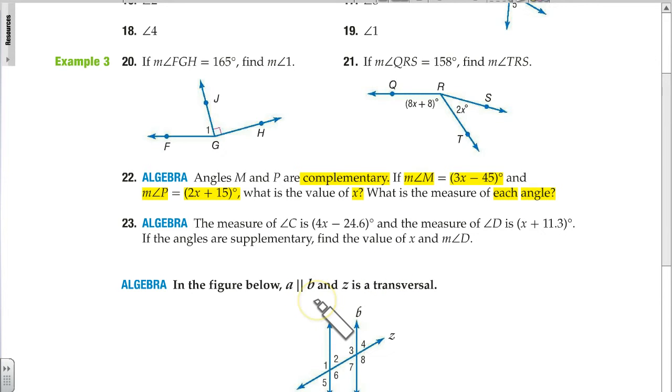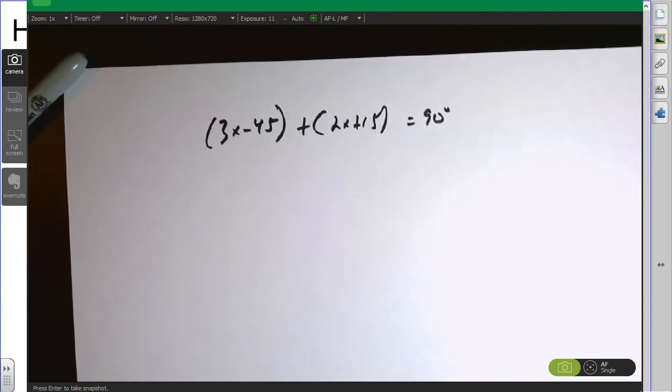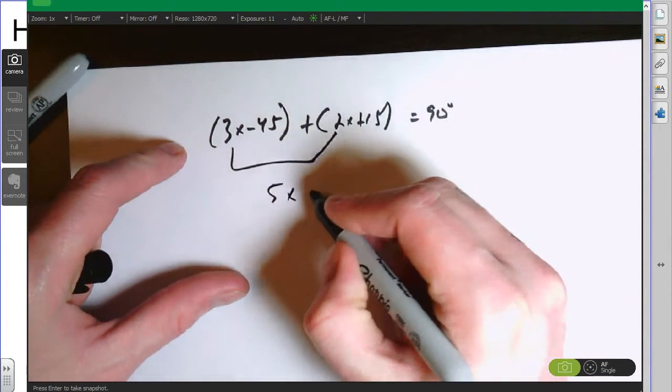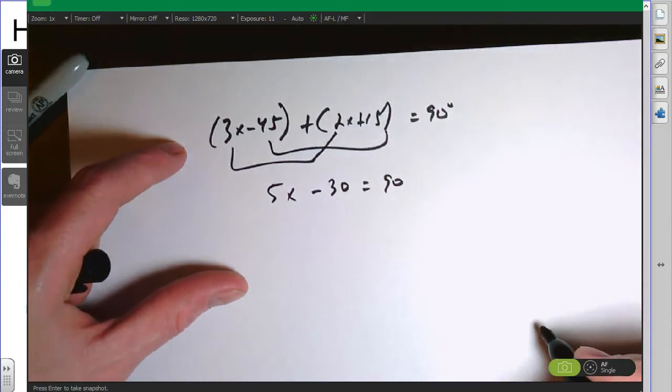Okay. Now the key is, since they're complementary, that means they have to add to 90. So 3x minus 45 plus 2x plus 15 has to equal 90 degrees. So add those together. 5x, minus 30 equals 90.